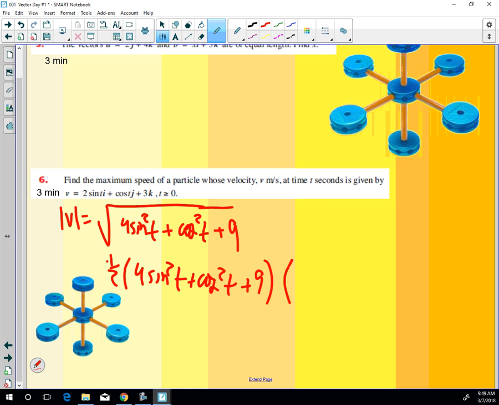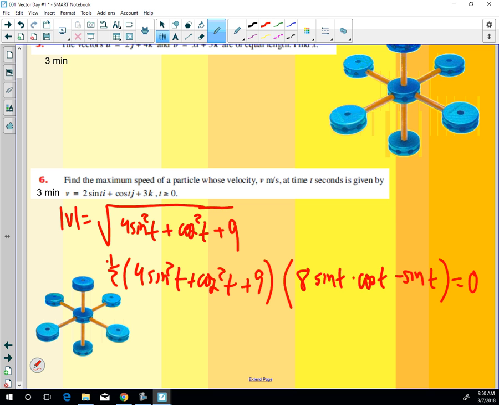Derivative of the inside is going to be 8 sine t times cosine t minus sine t plus 0 equals 0. And one of those is going to be equal to 0, or both of them can be 0, but one of them for sure is going to have to be 0.